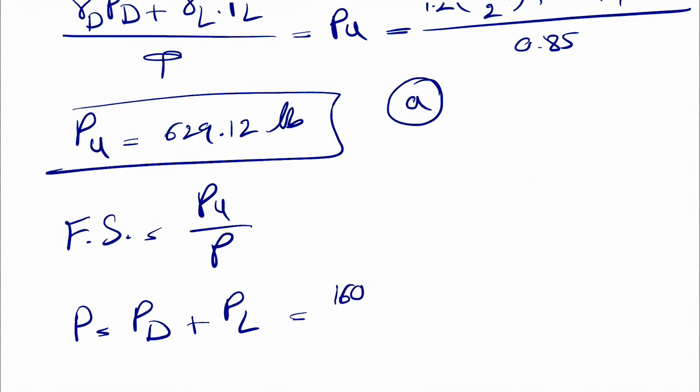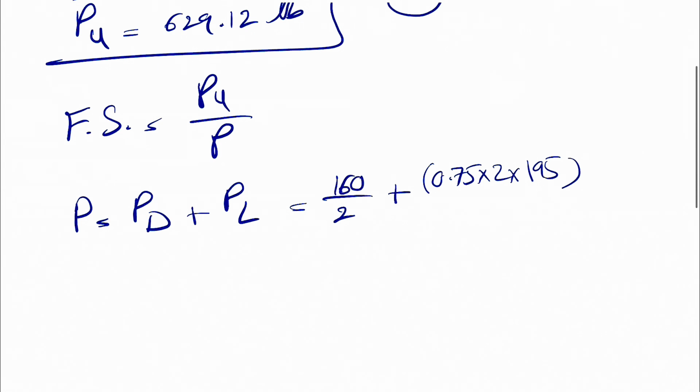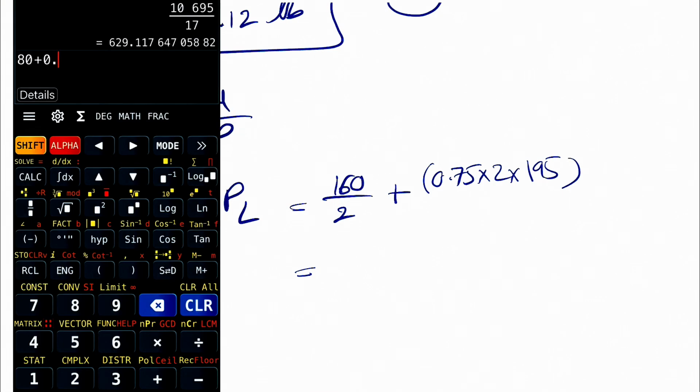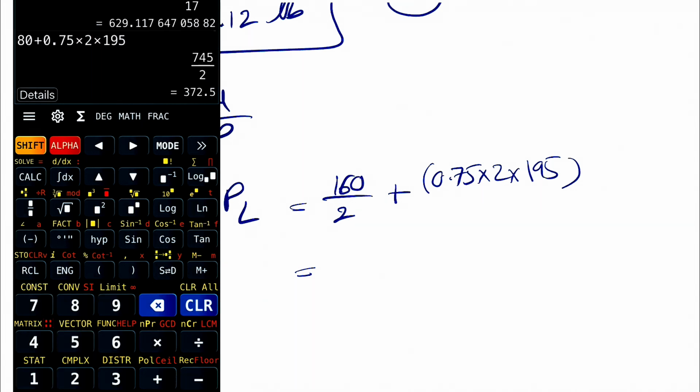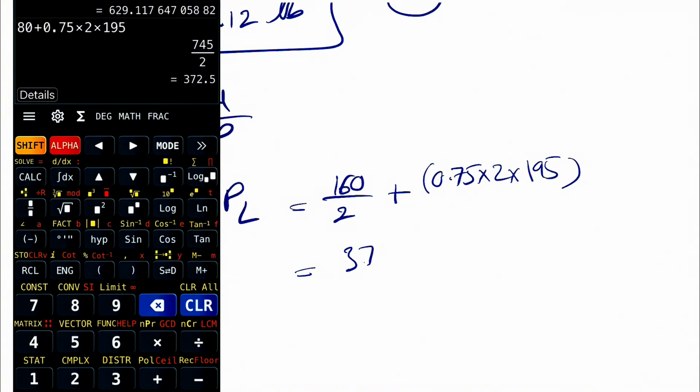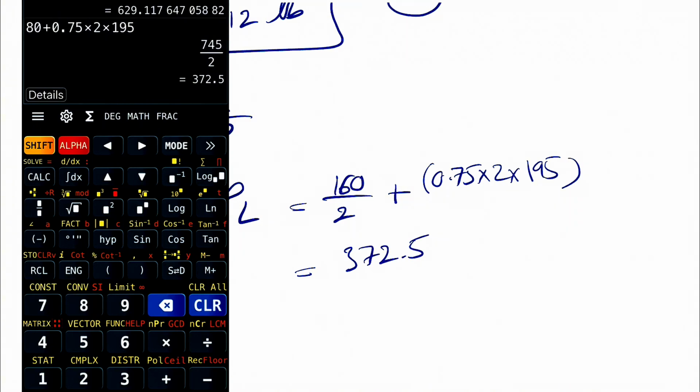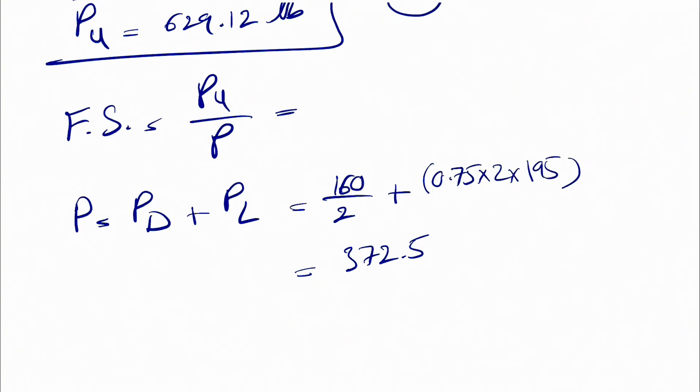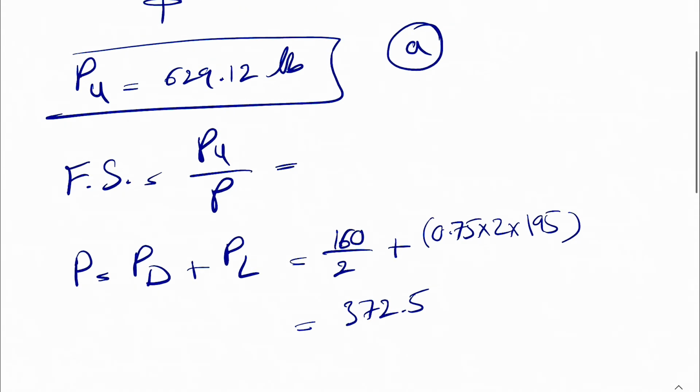So 160 divided by 2 was our PD, and PL was 0.75 times 2 times 195. That's going to give us P. So 80 plus 0.75 times 2 times 195 is going to be 372.5.